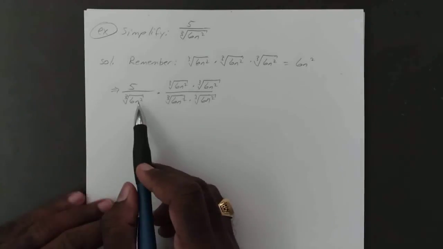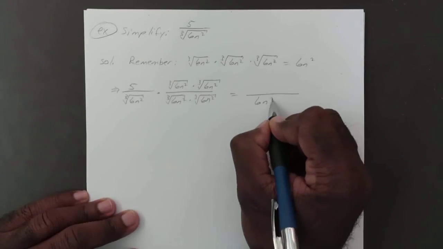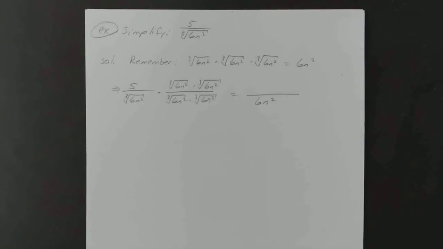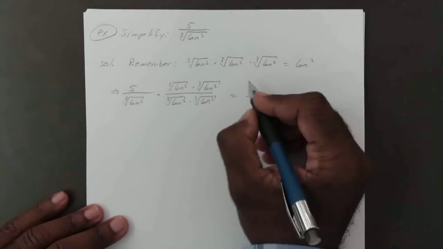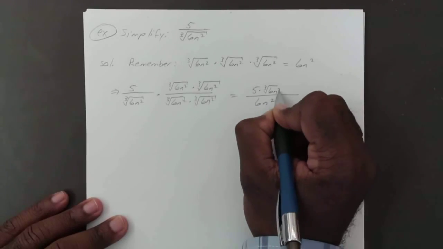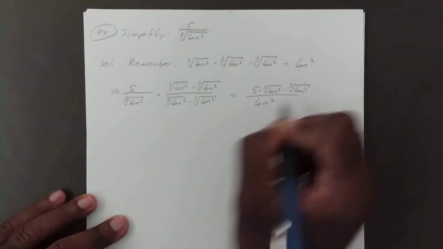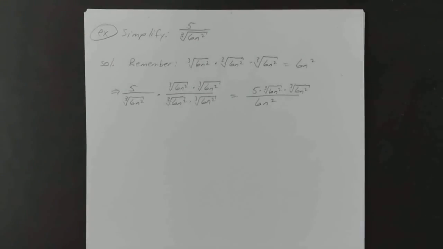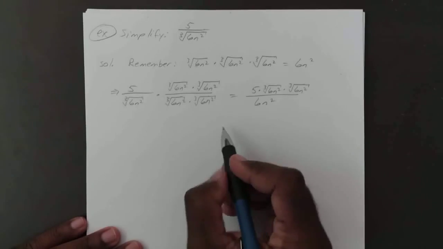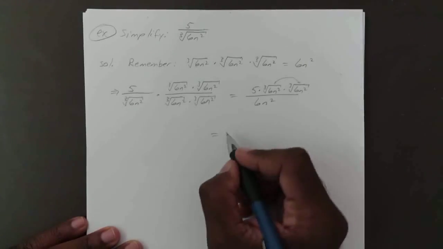We know all of these multiplied would just give us 6n squared. So we have 5 times the cube root of 6n squared times the cube root of 6n squared.